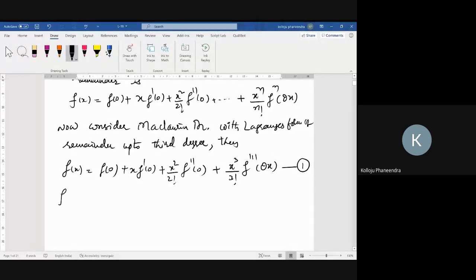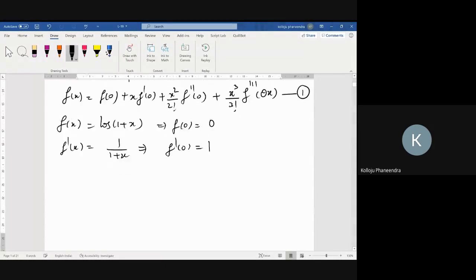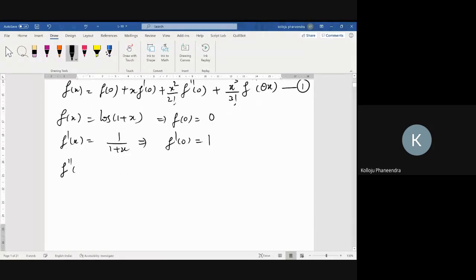Now one by one let us calculate. f of x equals log of 1 plus x, that implies f of 0 equals log 1, which is 0. Next, f dash x equals 1 by 1 plus x, so f dash 0 is 1. f double dash x is minus 1 by (1 plus x) whole square, so f double dash 0 is negative 1.